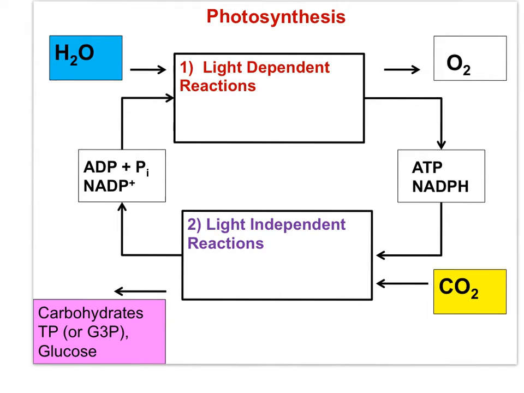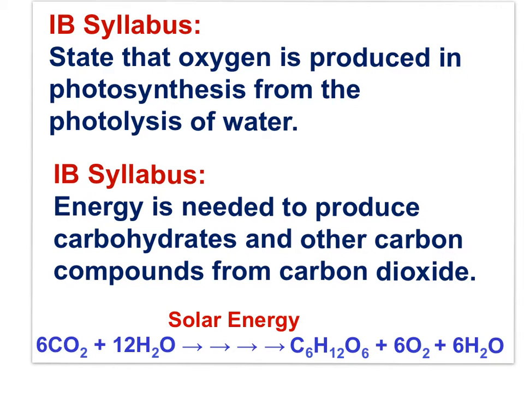The energy provided by light is transformed into the chemical energy of ATP and NADPH. NADPH is a molecule like NADH, introduced to you when we studied respiration. The light-independent reactions take carbon dioxide along with the energy stored in ATP and NADPH to form the energy-containing carbon compounds such as glucose.